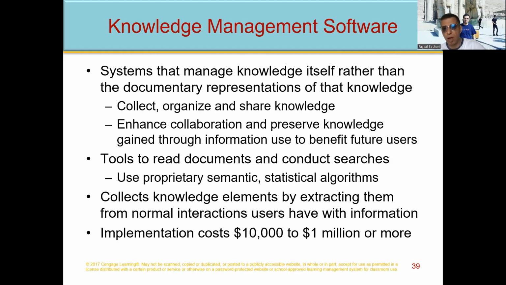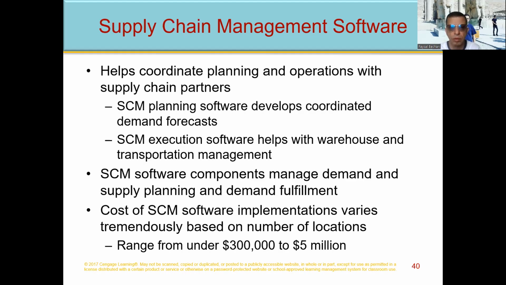Tools to read the document and to conduct search are also in the knowledge management system, which uses proprietary semantic statistical algorithms. Knowledge management systems collect knowledge elements by extracting them from normal interactions users have with the information. Roughly, implementation costs between $10,000 to $1 million or more. Definitely more if you have a large to mid-sized company.